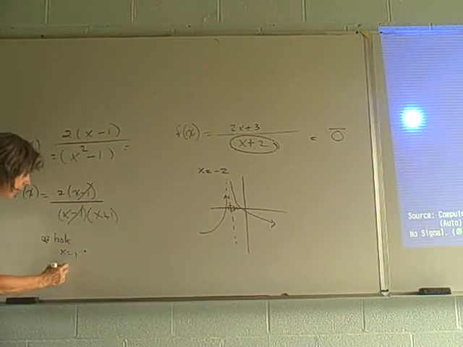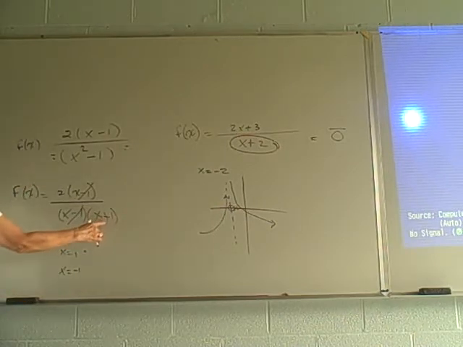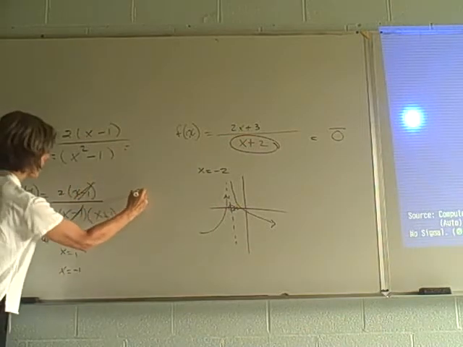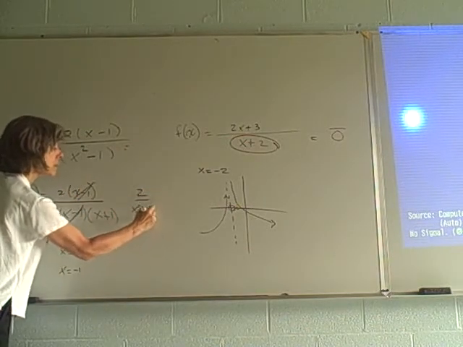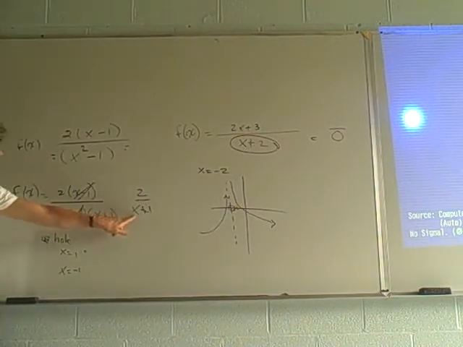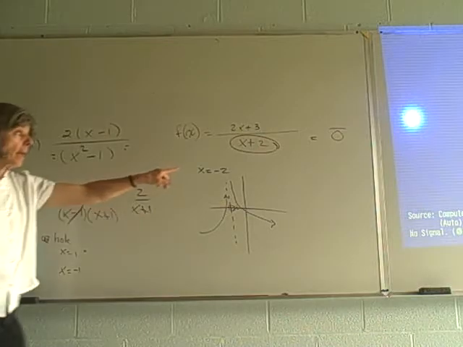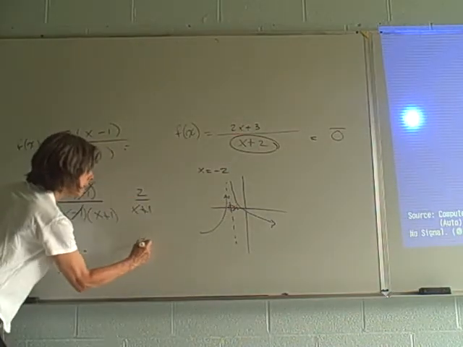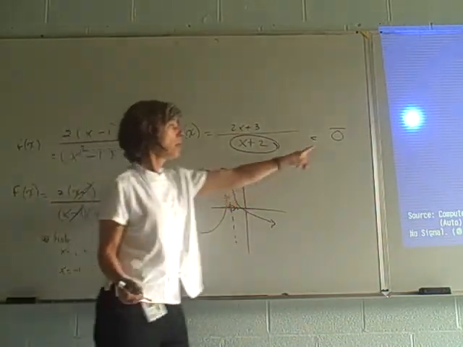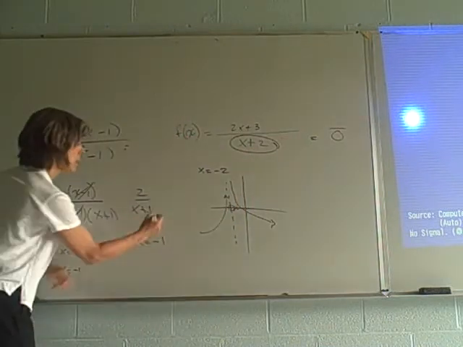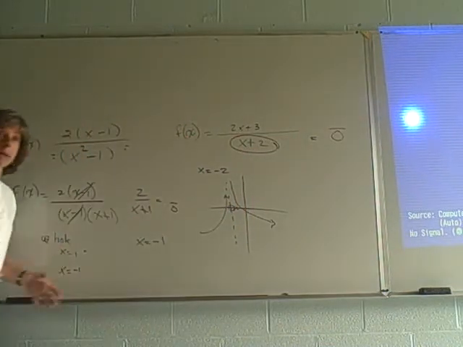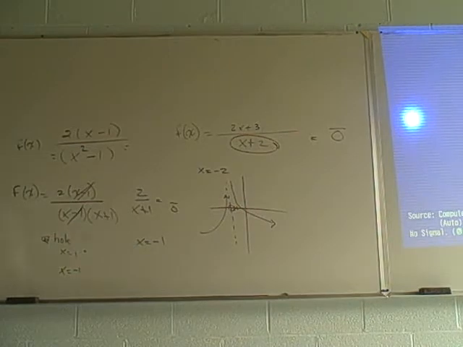But what about at x equal to negative 1? If I cancel this out and now I have 2x plus 1, can x equal negative 1? No, because then it would be divided by 0. Right. So if x is equal to negative 1, the denominator is equal to 0, and then I know that's when I have my asymptote.